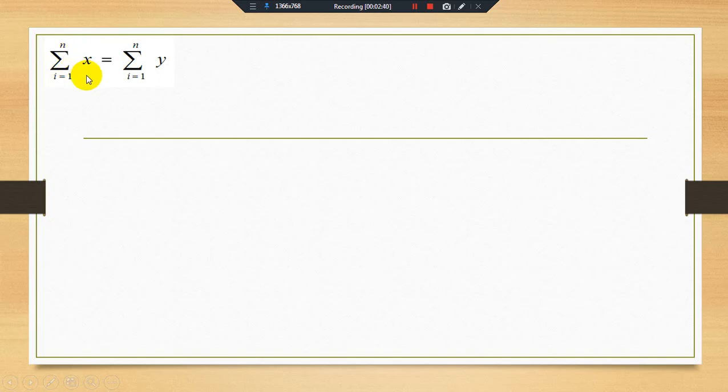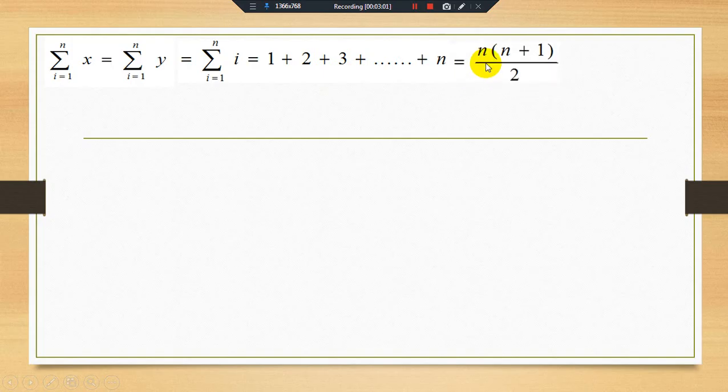So summation x starts from 1 and approaches n, and like that summation y starts from 1 to n. So this means that i is equal to 1, 2, 3, and so on, n. The sum of this is n into n plus 1 divided by 2.